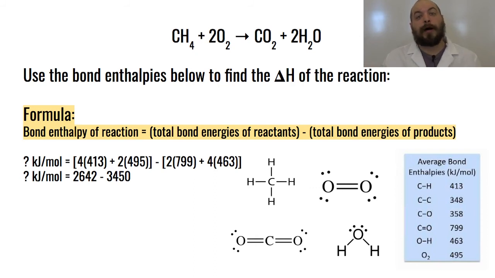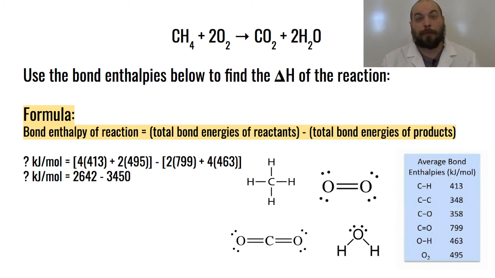Then if you look at the bond energies of my products, you'll notice that you have a value of 3,450 kilojoules per mole. So what does this mean? This means that we put in 2,642 kilojoules per mole, and we got out 3,450 kilojoules per mole. If you think of this as like money, as currency, but in terms of energy, then we got out more than we put in.